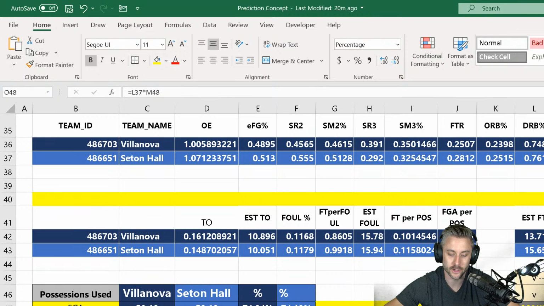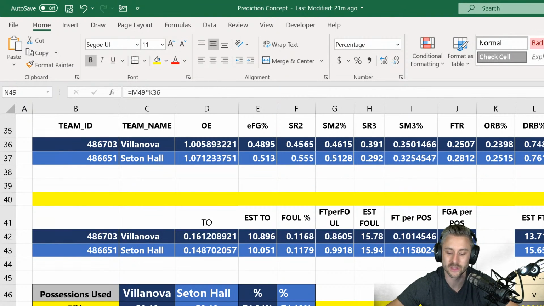So in a normal field goal attempt possession, 46.2% of the time, the shot will be made. 12.9% of the time, the shot will be missed but rebounded by the offense, which gives them another chance. It does not use up the possession. And then 41% of the time, it'll be missed and rebounded by the defense. Three-pointers, same thing. 35% of the time made. I got the number from right here. 65% of the time missed.